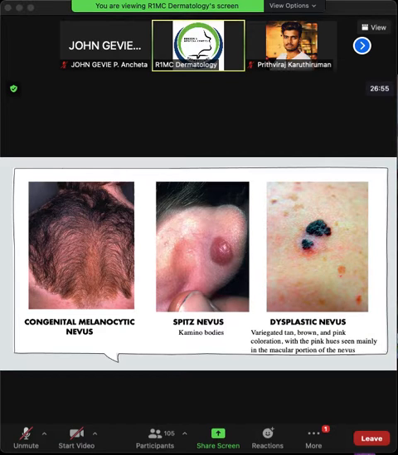So we also have your Spitz nevus. Clinically, you would note a pink, smooth surface, raised round firm papules. Of course, your differential for this may be your intradermal melanocytic nevi. However, on histology, you would note the presence of your Kamino bodies or your dull pink globules seen in the epidermis.